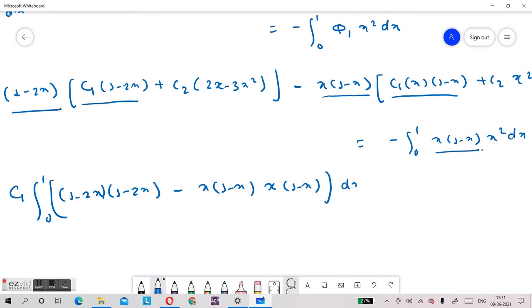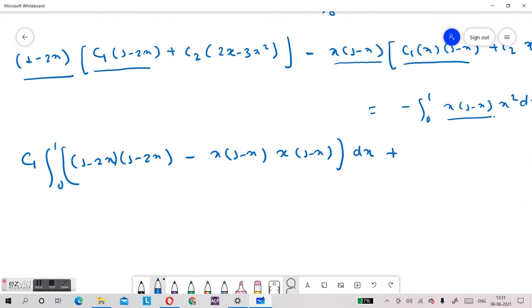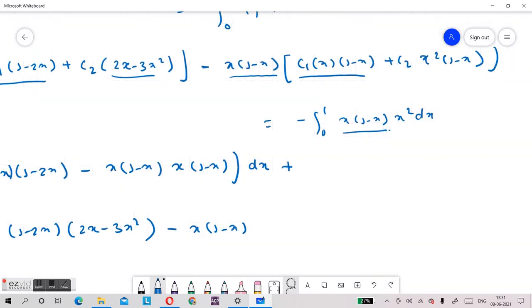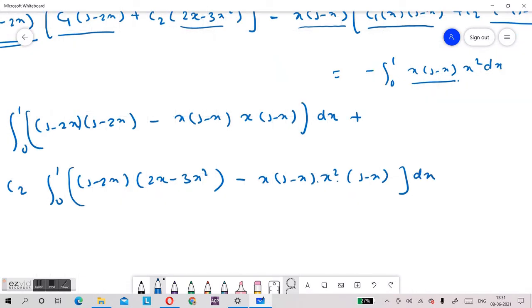Similarly for c2, plus c2 times integral 0 to 1 of 1 minus 2x times 2x minus 3x square, minus x times 1 minus x times x square times 1 minus x, whole dx. And it equals minus integral 0 to 1 of x times 1 minus x times x square dx.